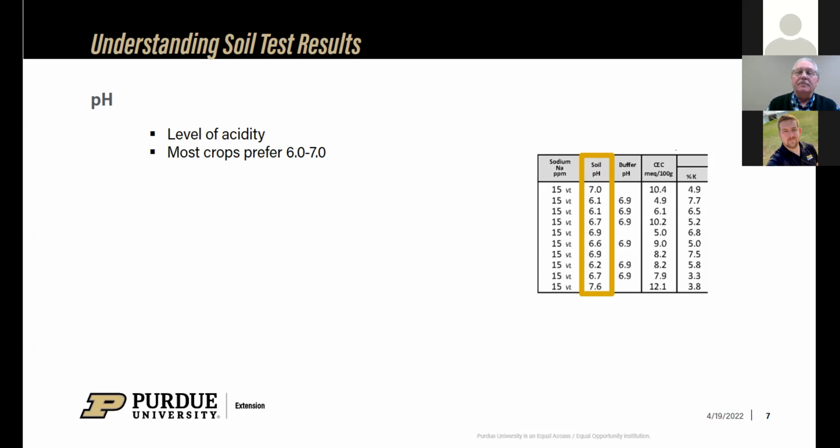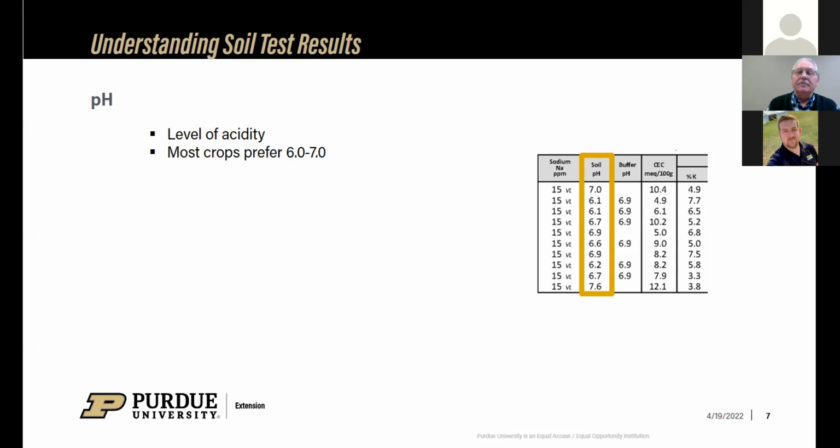Whereas things like alfalfa tend to be closer to that 7 range, on the higher end of the spectrum, which is why we generally try to add lime and keep our pH balanced high with alfalfa. And then we also want to keep the pH low with our blueberries. That means that around here, blueberry production is going to be very difficult. Everybody's like, oh, we'll just go get blueberries.